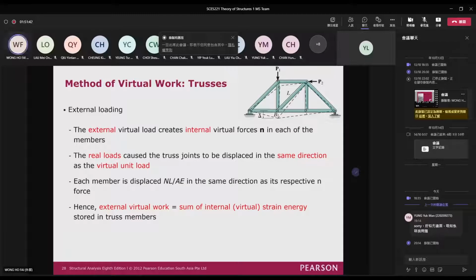So for here, it is simple. First of all, we will multiply the values of NL over EA for each of the members. And then we will add all of them together.